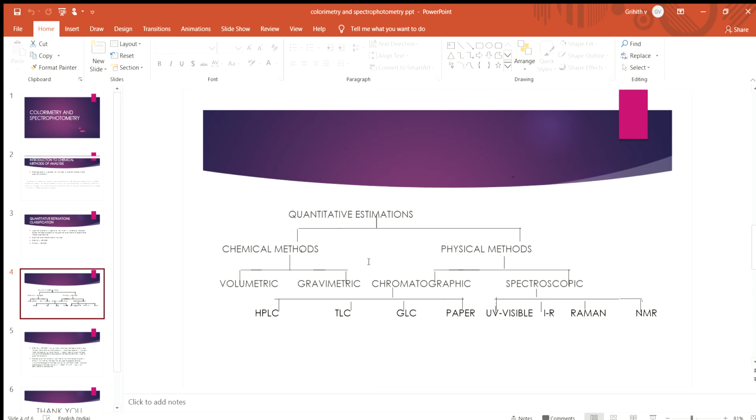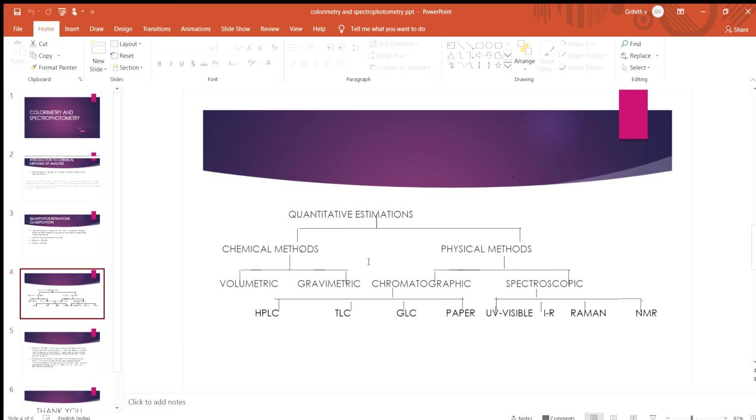Now I'll switch to spectroscopic methods of analysis. These are based on the measurement of electromagnetic radiation absorbed or emitted by an analyte. You have to note the difference between chromatographic, spectroscopic, volumetric and gravimetric.